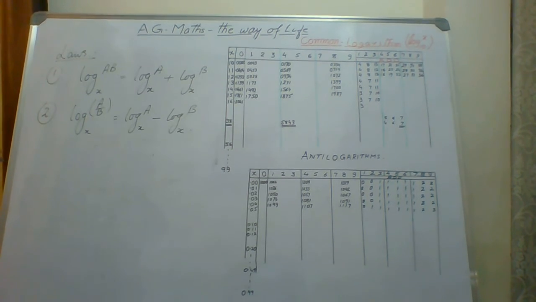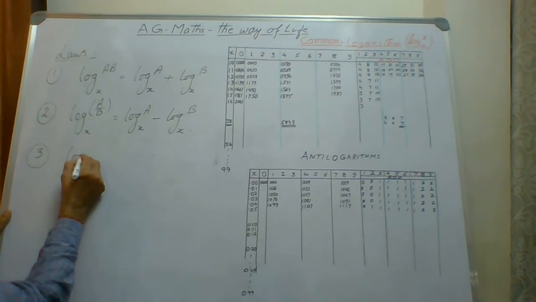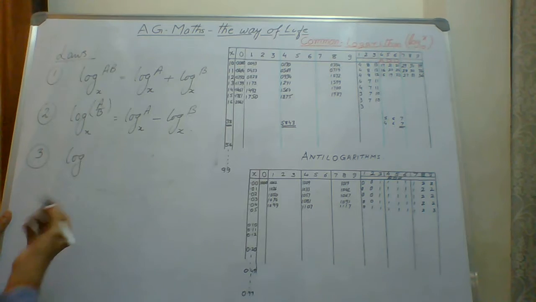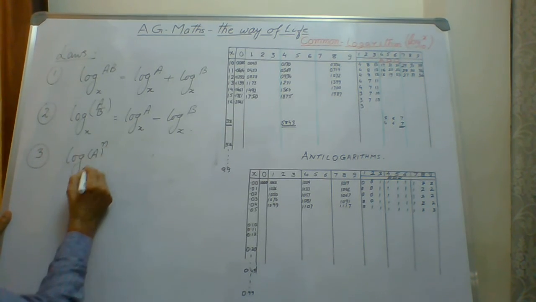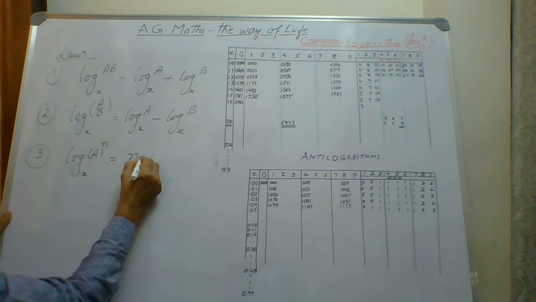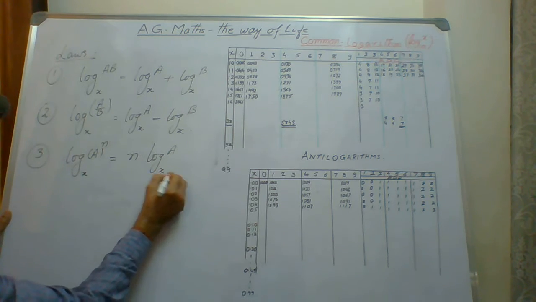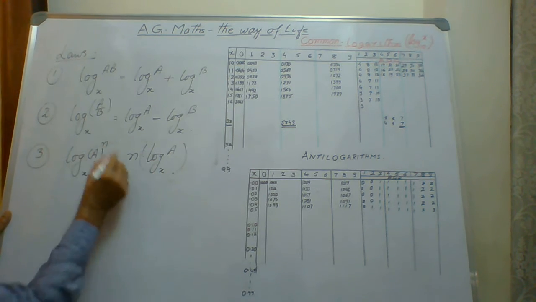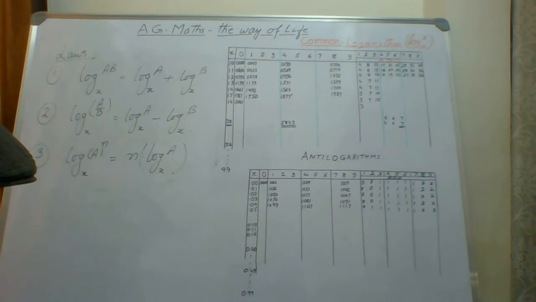And the third law is called the power law. What is the third law? Log of any number, say a, is raised to the power of n and the base is x. Then the power will come in front of the log value and it reads like log of a to the base x, and you simply multiply by this n value. N is the integral power, plus minus anything.